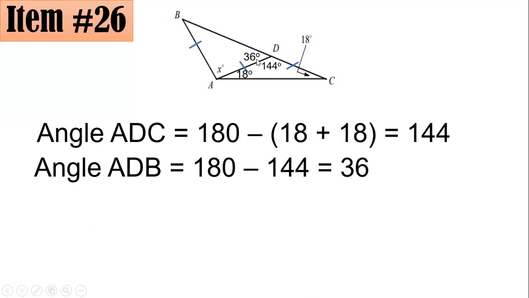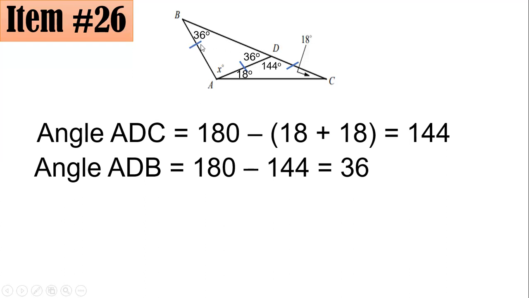All right. Moving on, remember this triangle ADB is still isosceles. Why? Because of these two tick marks, AB and AD are congruent. So this other base angle is equal to 36 as well.